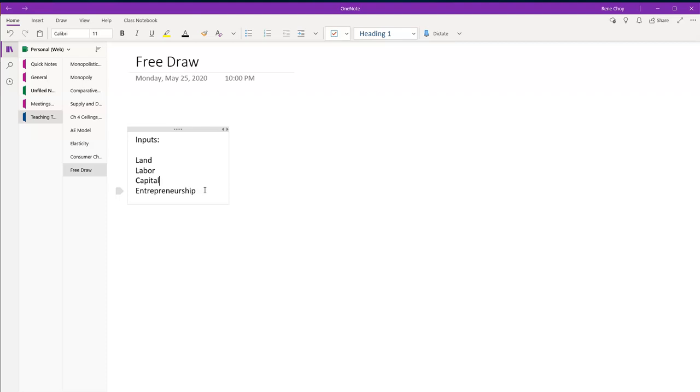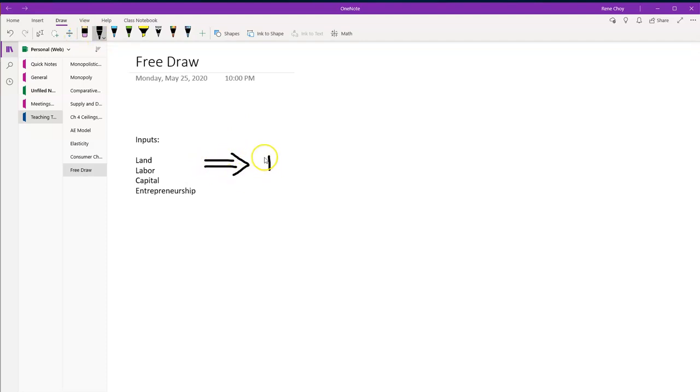All right. Then with those inputs, you take the inputs and you run them through technology.